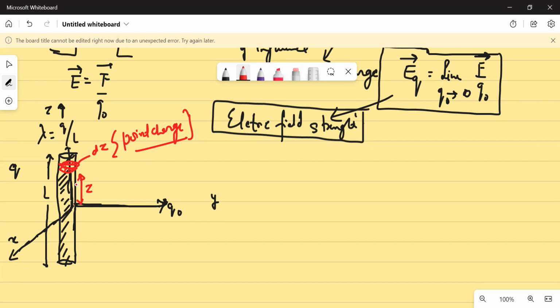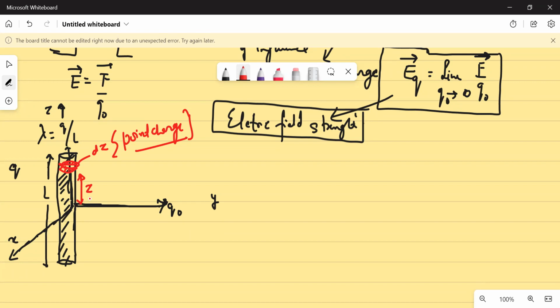Is that clear? Coulomb's law is a description for the force between two charges only if the charges are static and point charges.